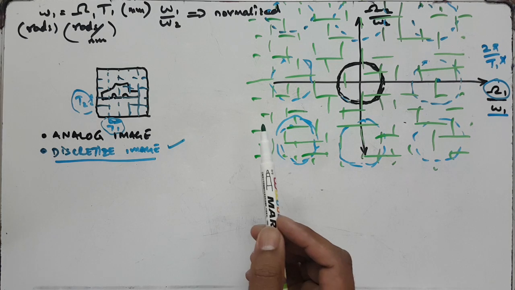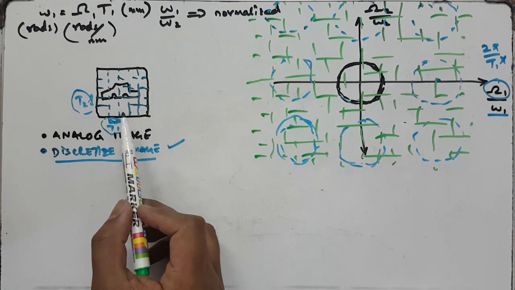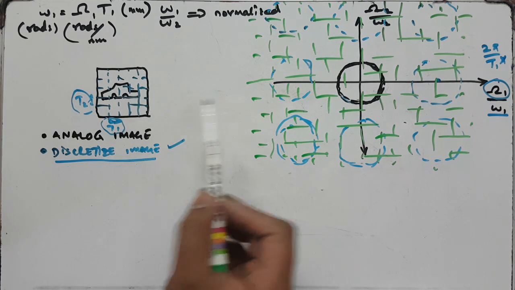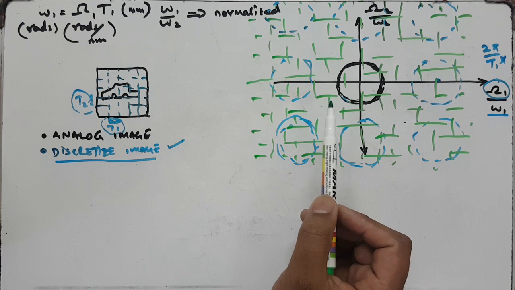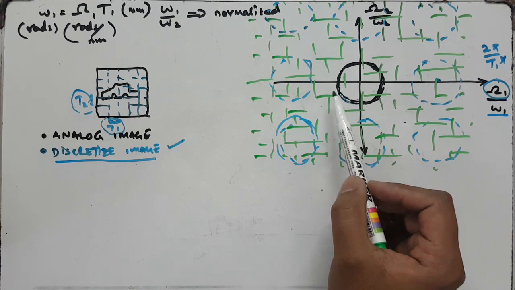I'll repeat. So again, what we had learned so far is that the sampling in the spatial domain and then taking the Fourier transform of those samples means periodic extension of the spectrum in the frequency domain.